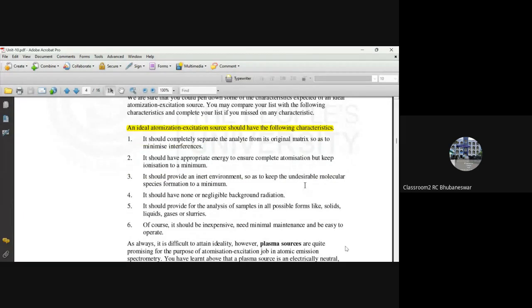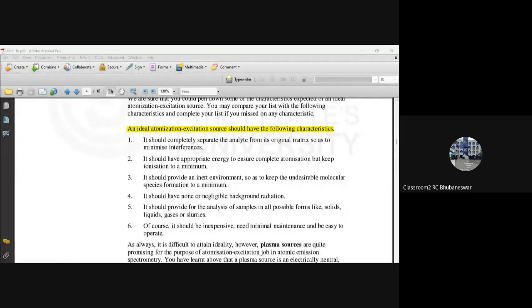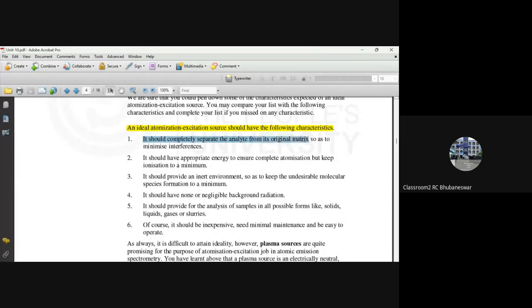So, an ideal atomization excitation source should have the following characteristics. It should completely separate the analyte from its original matrix so as to minimize interference.